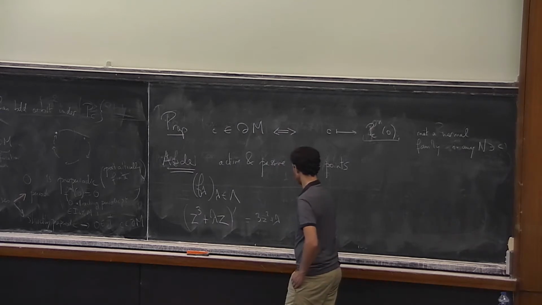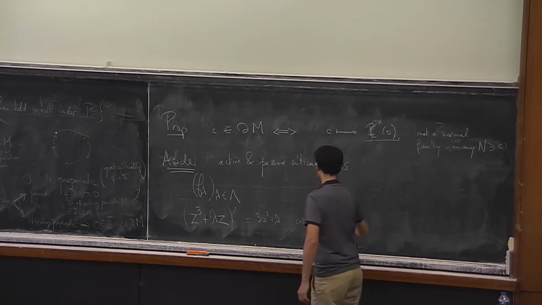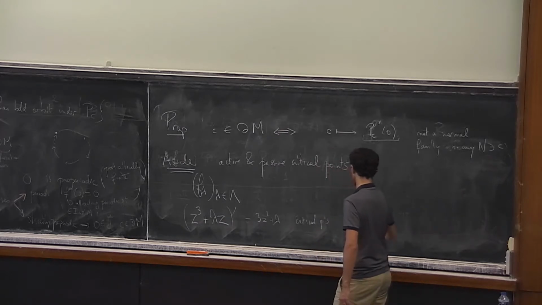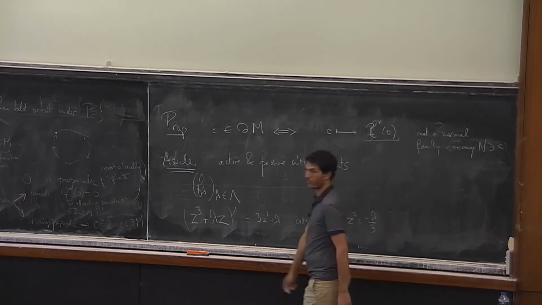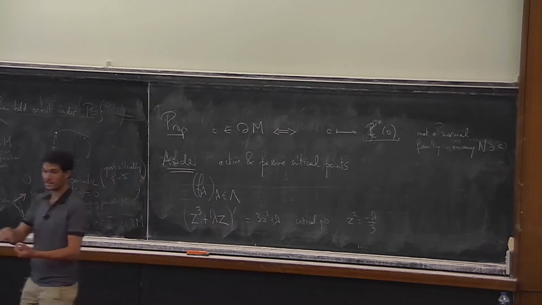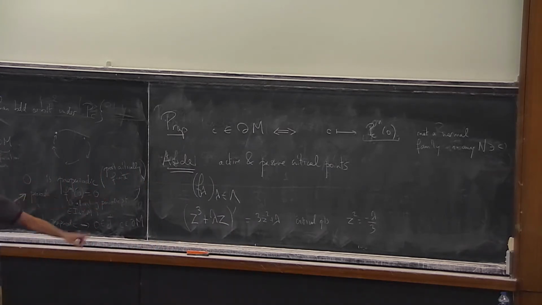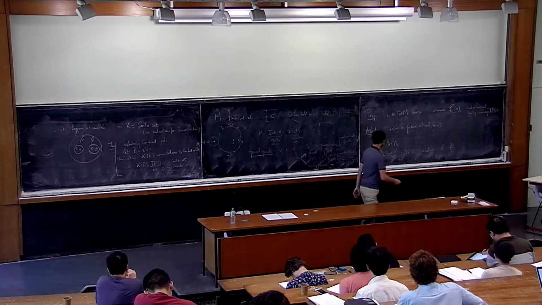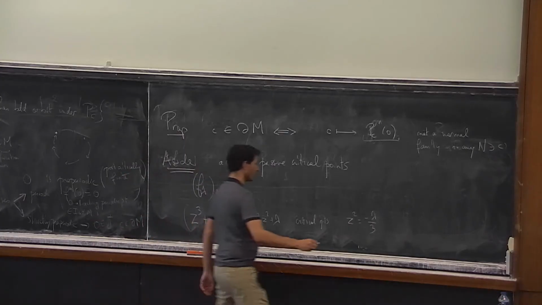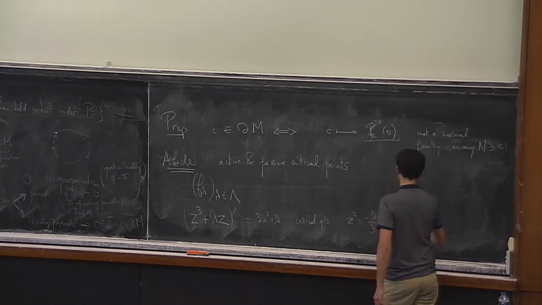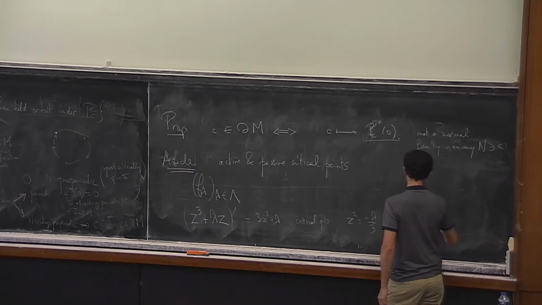So the critical points satisfy the equation z squared equals minus lambda over 3. And as you know, when lambda is in the neighborhood of the origin, you cannot follow them holomorphically.